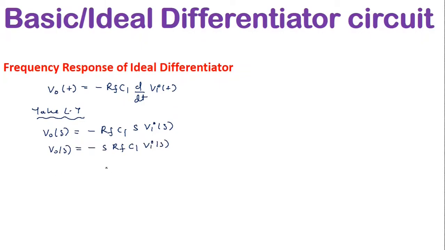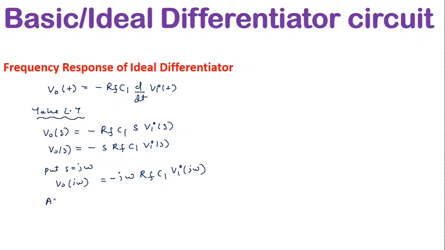This equation can be written like this. Now to find the frequency response, we put s equal to j omega in this equation. So we get V0 of j omega equals minus j omega RF C1 into Vi of j omega. Now we know that the gain of the differentiator is the output voltage upon the input voltage, which is the voltage gain of the differentiator.